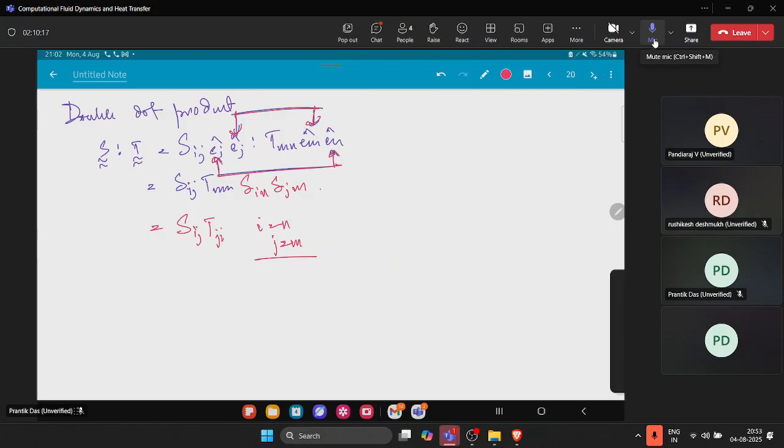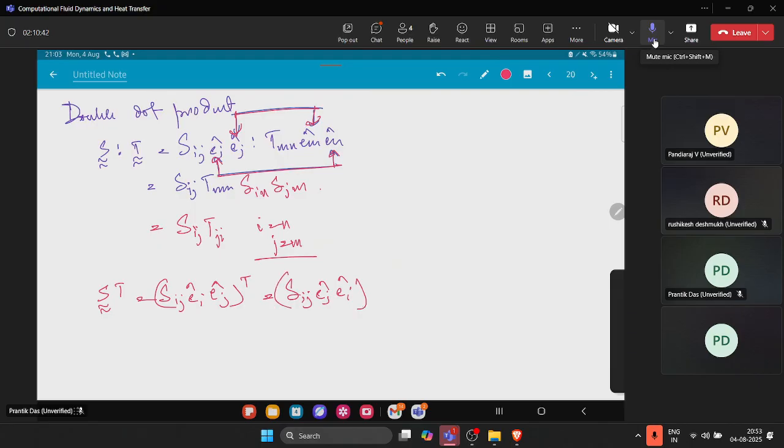Is it clear to both of you? Okay. Then what? How do you define the transpose of a tensor? So A is a tensor, the transpose of S_ij e_i cap e_j cap is basically equal to S_ij e_j cap e_i cap.